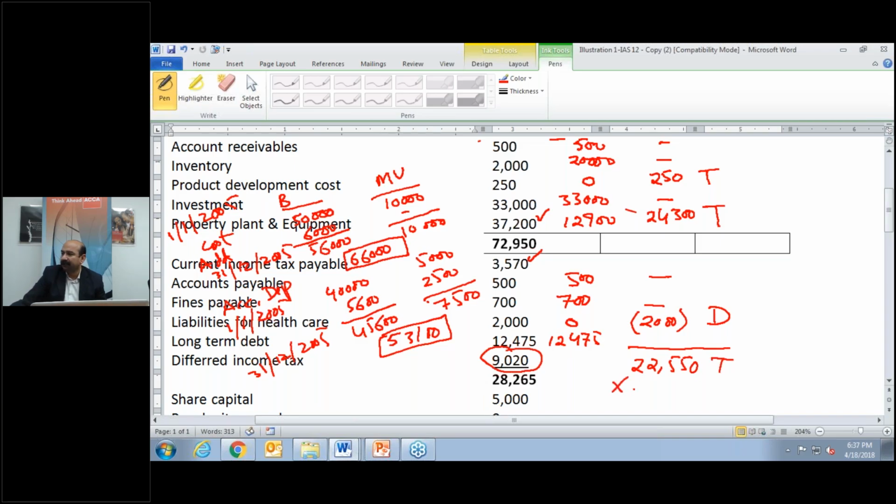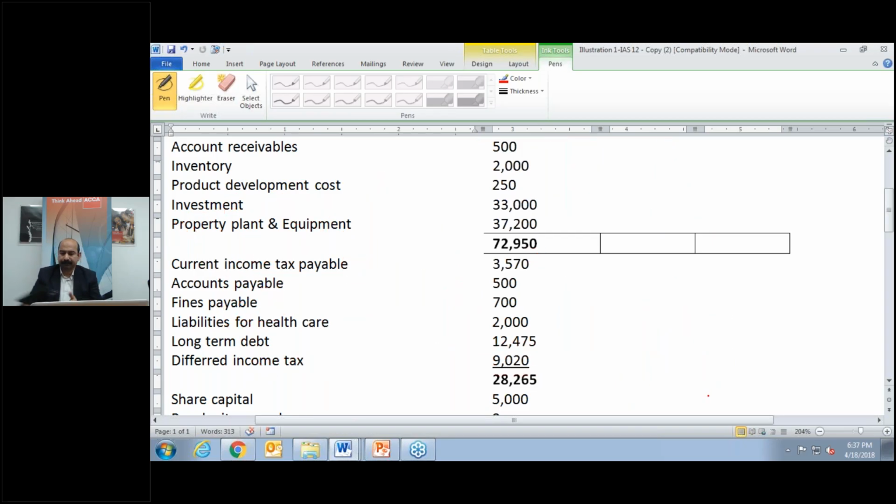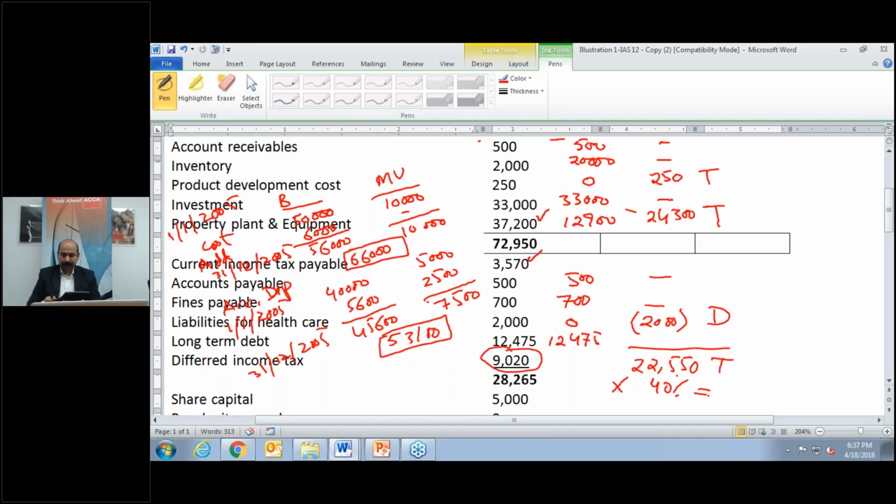When we multiply by the tax rate, which is 40%, I suppose, this will give us 9,020, which is already calculated over here. We perform these calculations just to verify this. 9,020. Okay, now we can have a few minutes break, then we can come back.